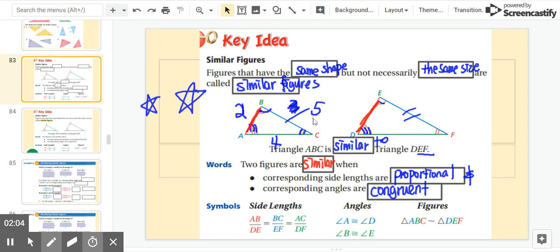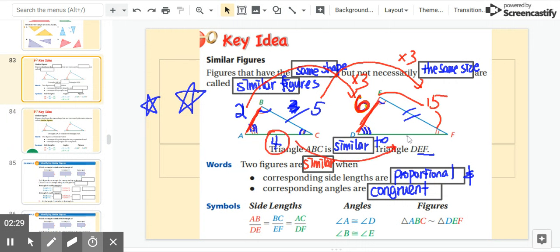So if I have 2, 5, 4, the side lengths should be proportional, which means if DE is 6, then EF should be, because you multiply by what? You multiply by 3. So you have to multiply by 3 also, 15. And 4, you also multiply by 3. So it's going to be 12.